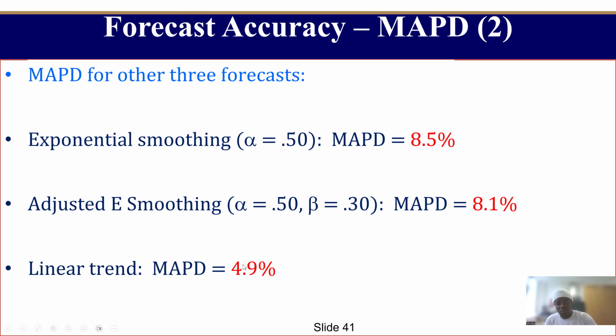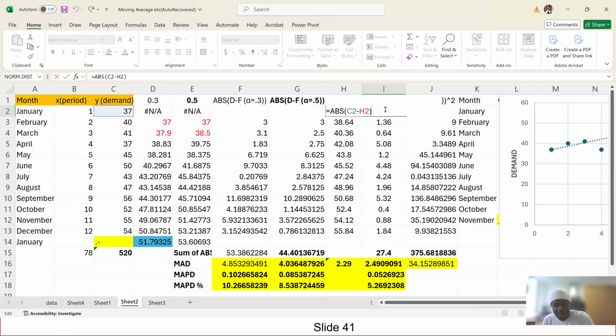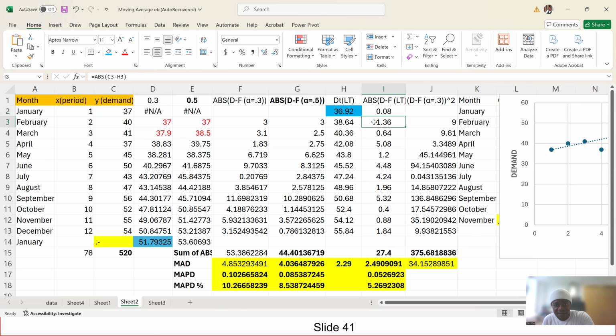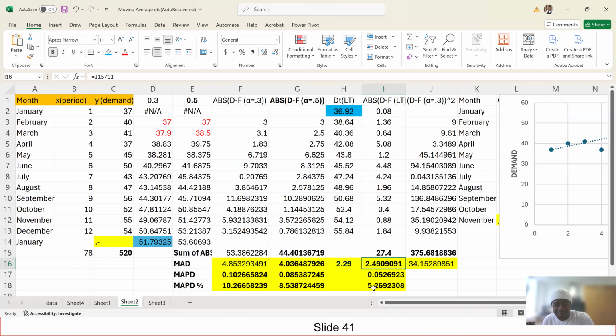Okay, let me just show you in our own. I think it's the same approach, but there were a bit of decimal differences. So watch it. Instead of 4.9, we got 5.2 or 5.3.